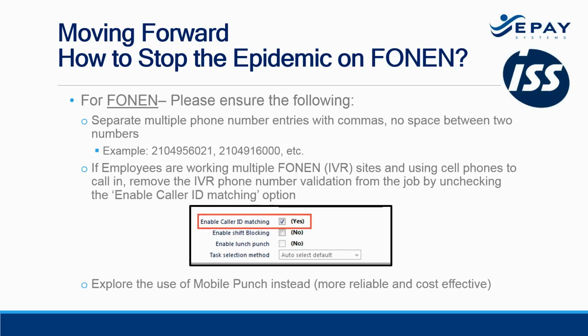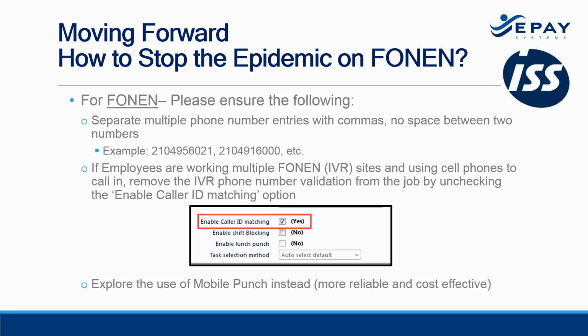In either case, if you're using FONEN, an employee could use that same phone number. It's realistic that that same number could be used for multiple jobs. If that is the case, then one of our team members on the ePay team can go through and disable the enable caller ID matching on those jobs that employee or employees may work.